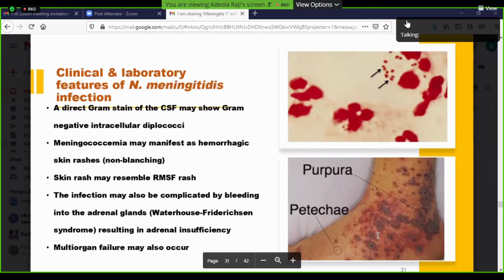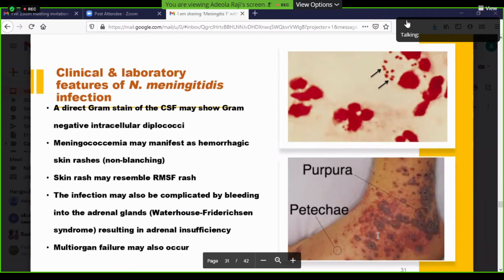And if you have a patient with meningitis in a region where RMSF is endemic, you need to quickly make up your mind what you're dealing with, because with Neisseria meningitidis, the infection can be deadly. With RMSF rash, when the rashes are just appearing, they are blanching. So when you press down on these rashes, they white out. That's what we mean by blanching. So that's very important for you to note.